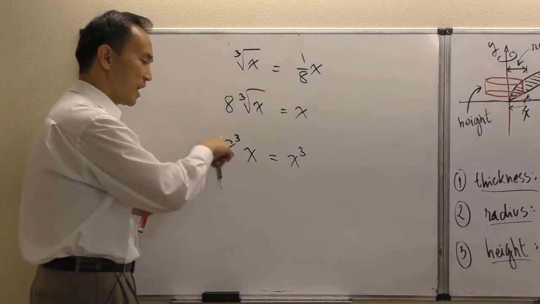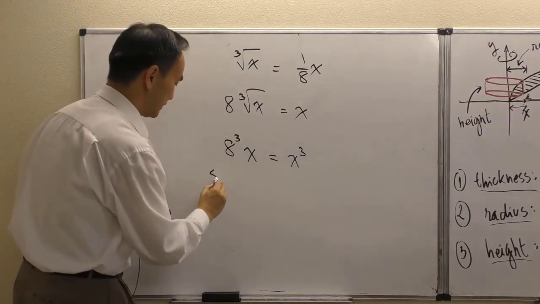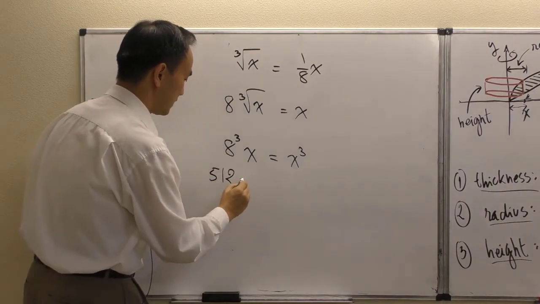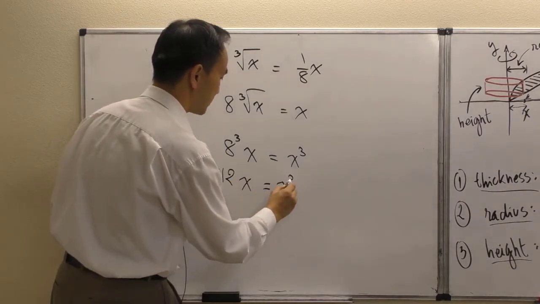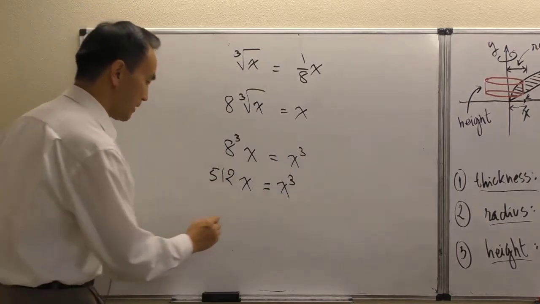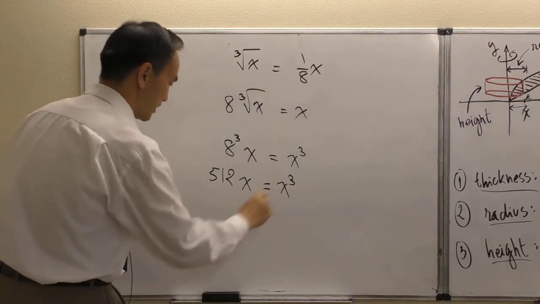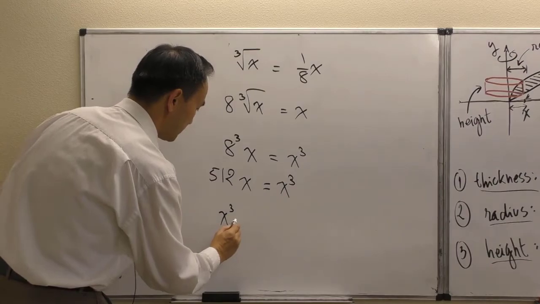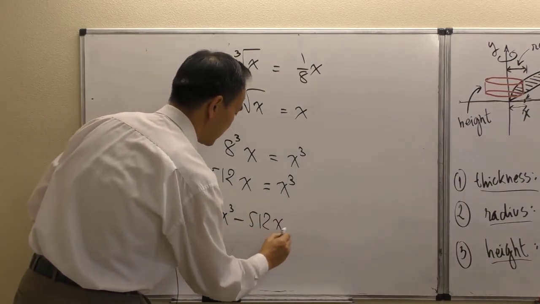And really, we can write that 8 cubed as 512, so 512x equals x cubed. Now we can solve this equation by subtracting the x term to the other side: x cubed minus 512x equals 0.